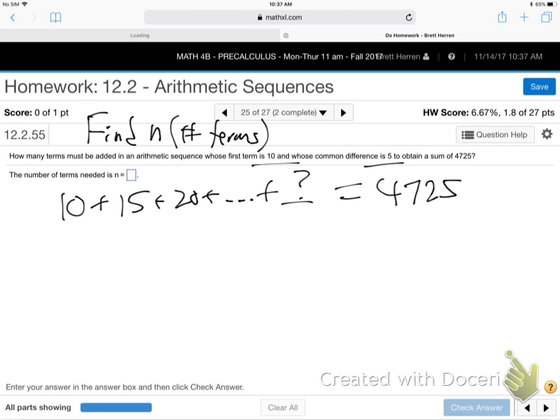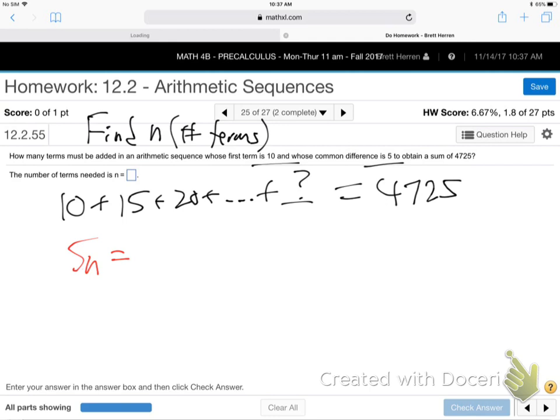Well, what formula are we going to use? Are we adding them or listing them? Are there commas or plus signs? That's how you know which formula to use, A sub n or S sub n. The A sub n is for the commas. The S sub n is for the plus signs. S means sum. Add them up, right? So we're adding them, so I'm clearly going to use, I know we use two formulas sometimes, but there's always the main one, the main attraction.